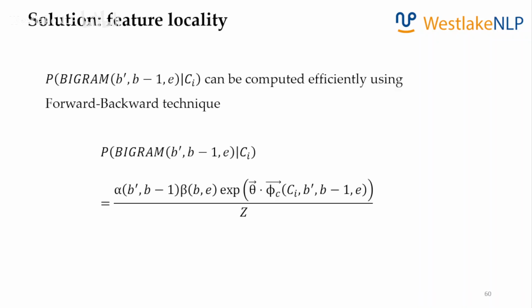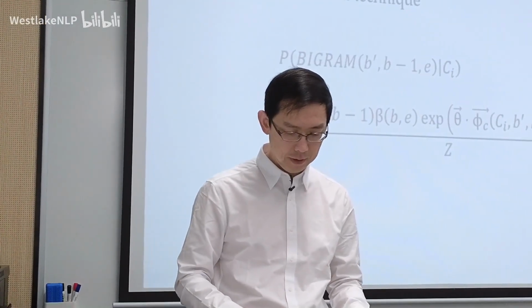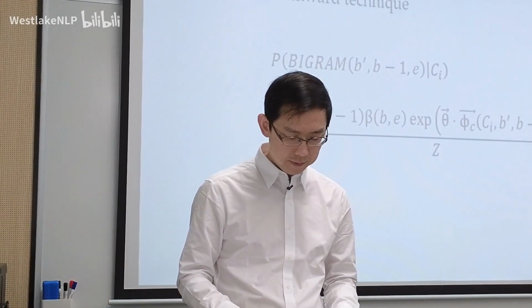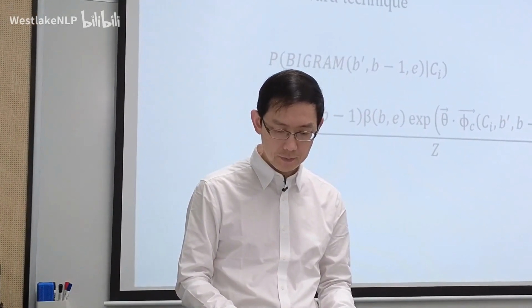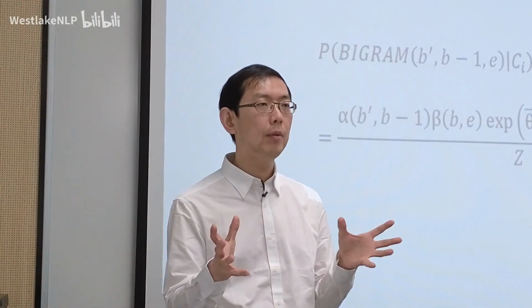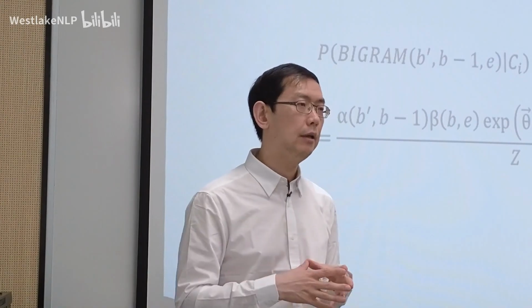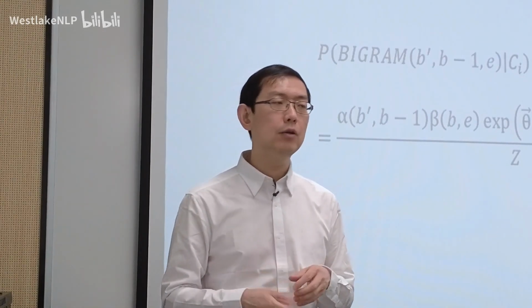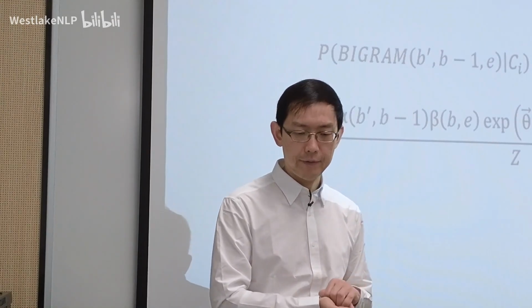But the meaning is different. All right. So after we calculate these local bigram probabilities, we can efficiently calculate the feature expectation term in the gradient. We can use SGD to train semi-CRF.